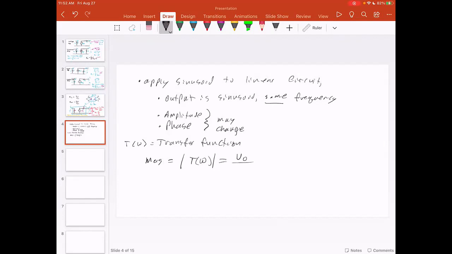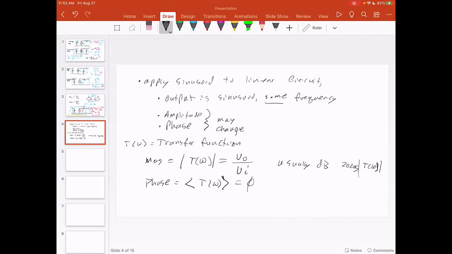V out over Vi, and it's usually in dB, as in 20 log of the function of omega. And there's also phase. And there's lots of ways to represent that.